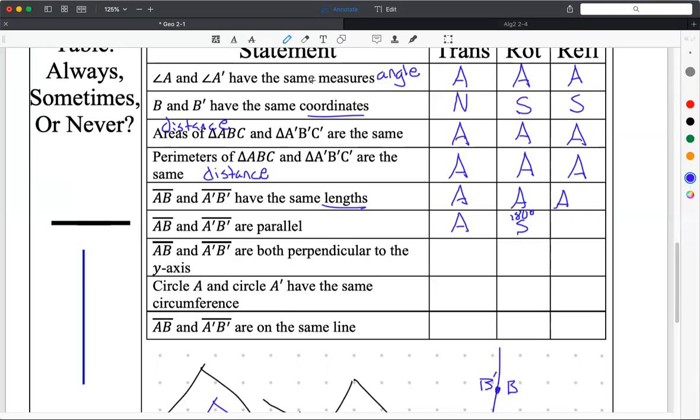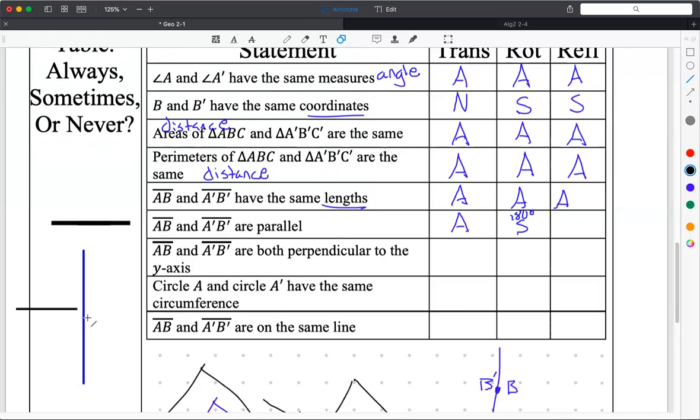If I have some sort of line that I want to reflect, let's make that black, and it reflects over here. Okay, those 2 lines are not parallel, which is what I'm looking for. But they can be parallel if I had this line right here. This line is going to turn into this line over here, and these 2 lines are parallel. In fact, not only are they parallel, they're on the same line, which is kind of cool.